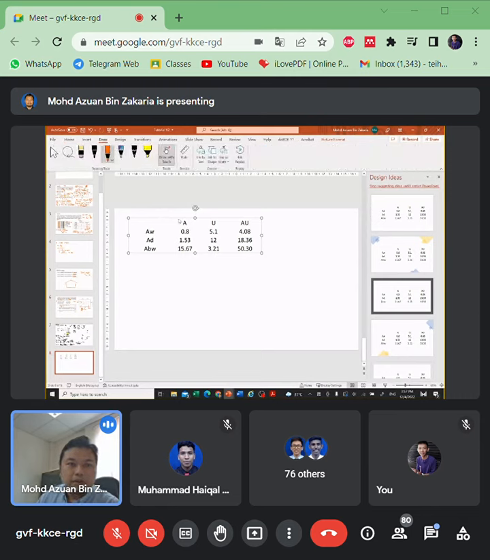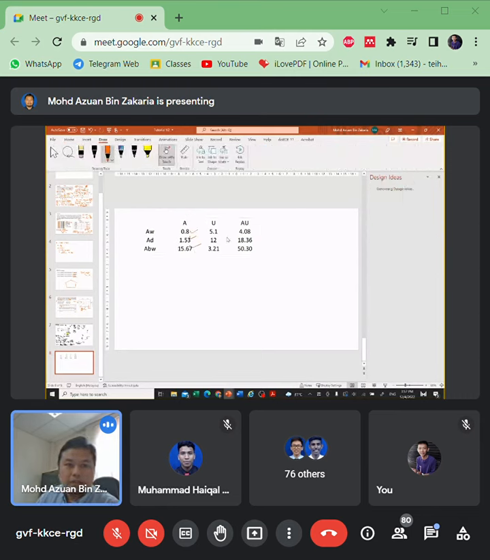So we have got the area. Okay, then multiply by each U value. So we will get this, and when we sum up, we will get 72.74.